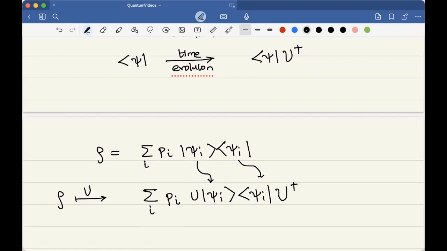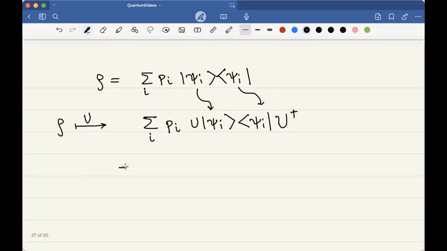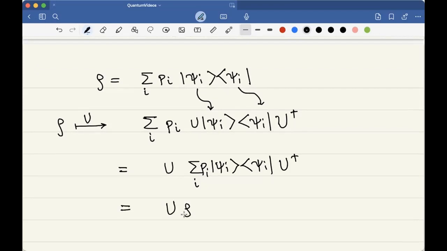I'm just going to rewrite this a little differently. Using linearity, this is equal to U times the summation of p_i ket psi_i bra psi_i, times U dagger, which is equal to U rho U dagger.